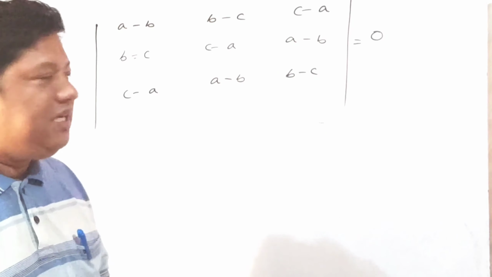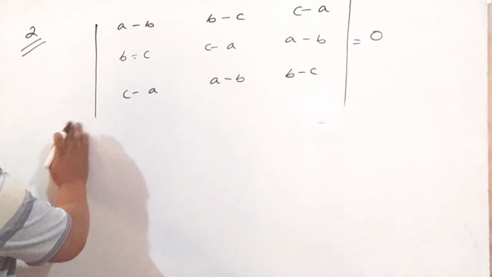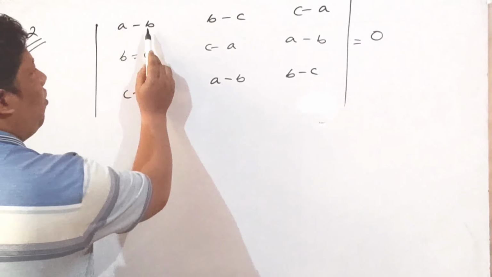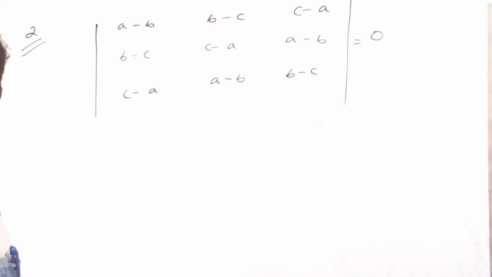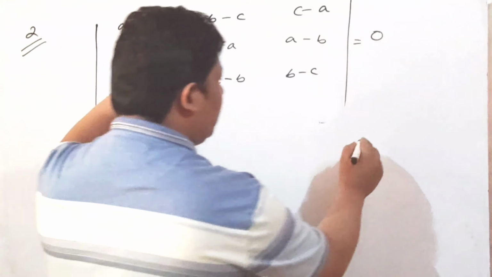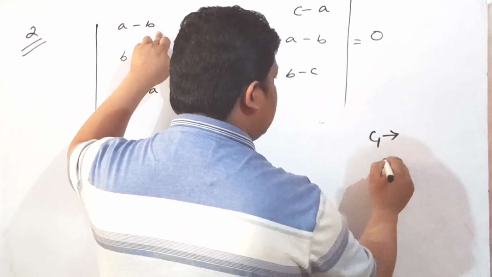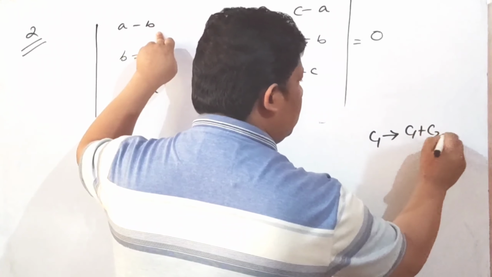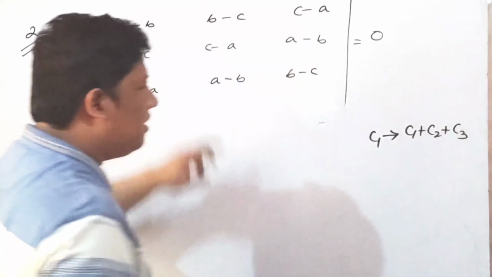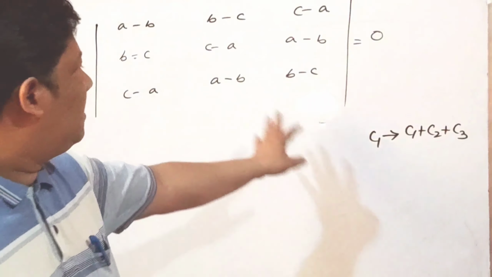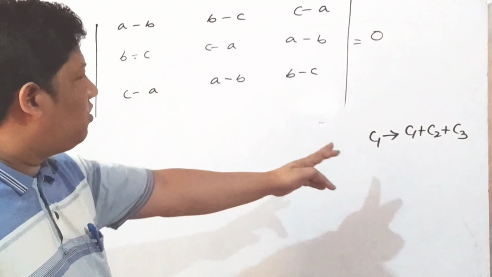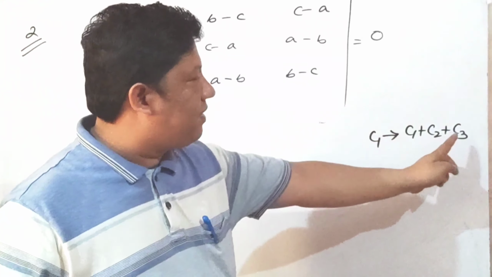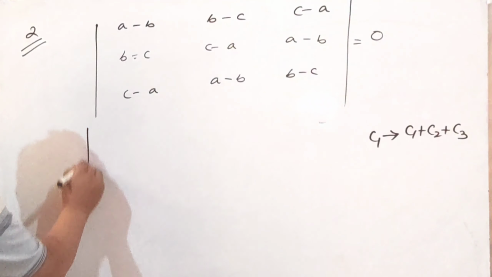So my students, if we add all these numbers here, then I think you get how much? 0. If I apply the operation C1 plus C2 plus C3, then what will happen?